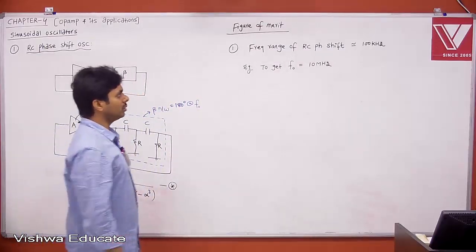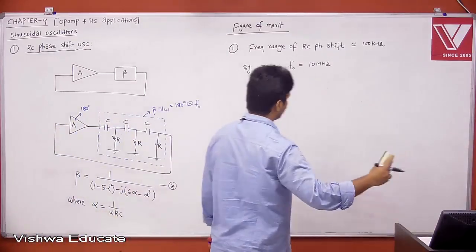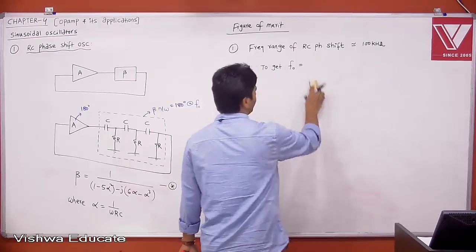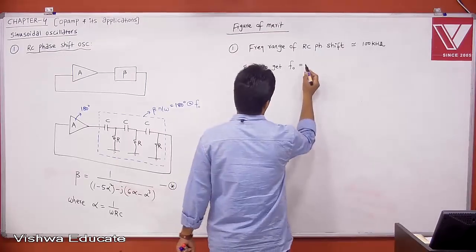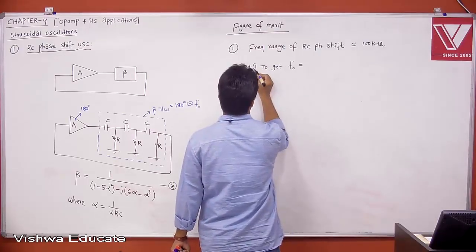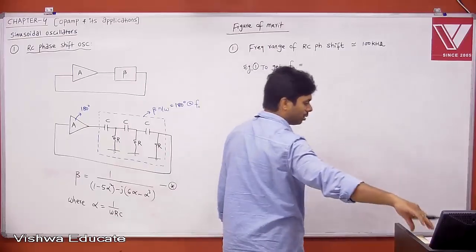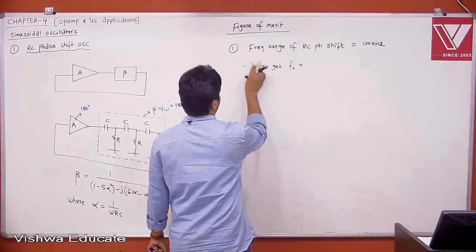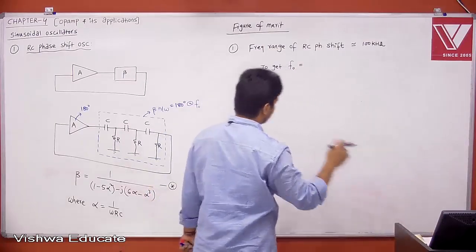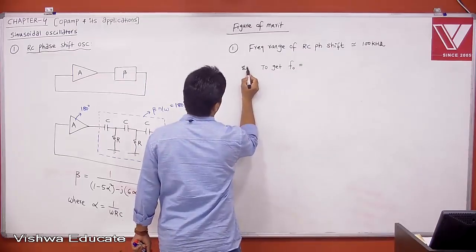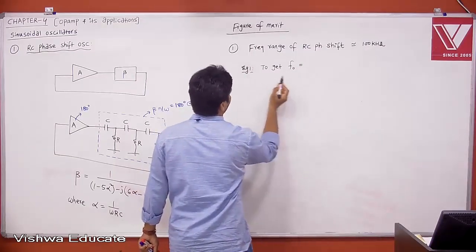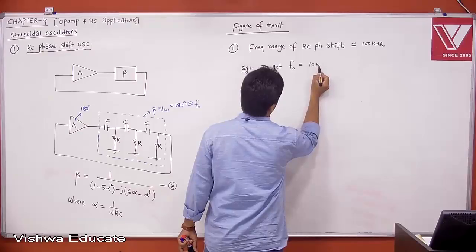Normally, what we do, maybe I say, to get F naught equal to 10 kilohertz. This is example 1. To get F naught equal to 10 kilohertz.